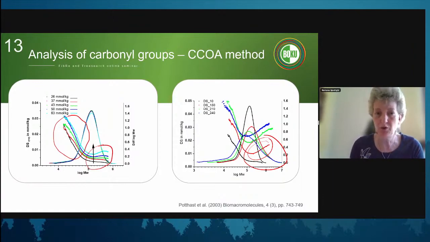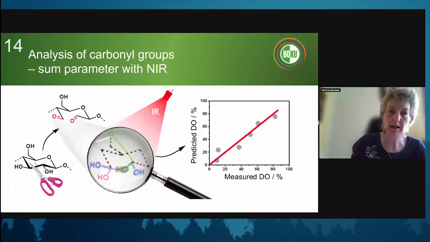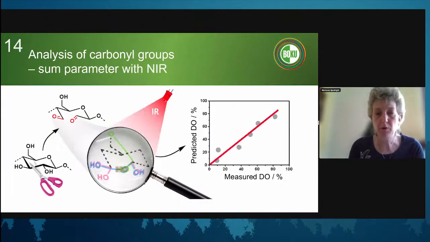Sometimes you just want to know a bulk number, some parameter, and this you can do by a method we have established a while ago. This is chemometry connected to NIR or FTIR.